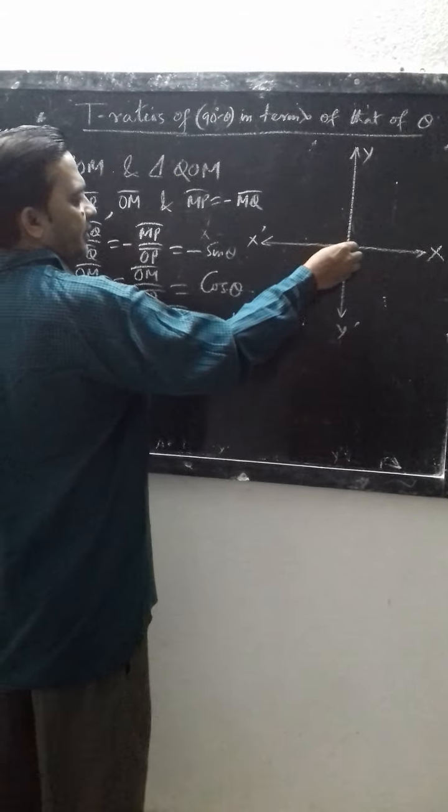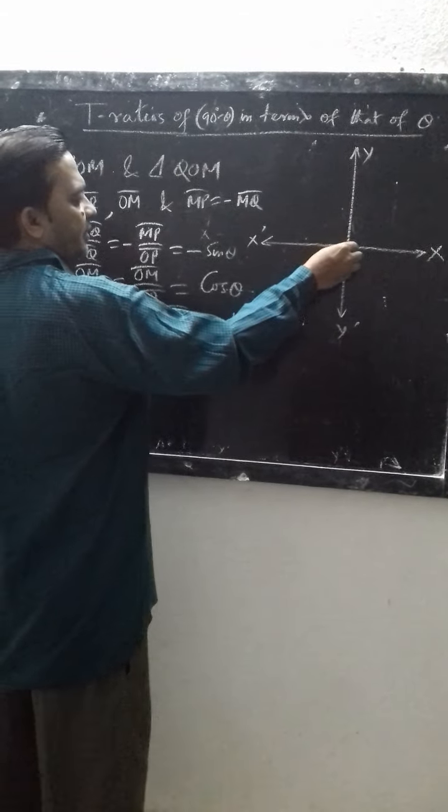Now we start from OX to OY, that is 90 degree, and clockwise from OY to OB, that is minus theta.